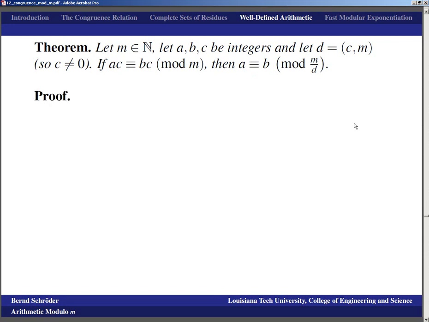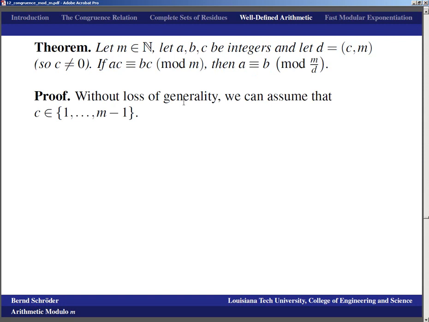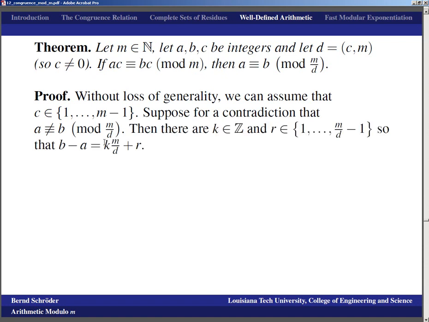And well, how do we prove that? Without loss of generality, we can certainly assume that c is a number between 1 and m minus 1, because it's not 0 and it's an integer modulo m, so we could use the right representative here. And we can suppose for a contradiction that a is not equivalent to b modulo m divided by d.